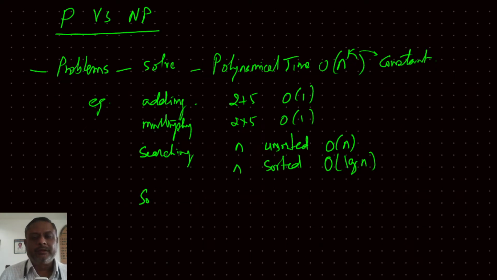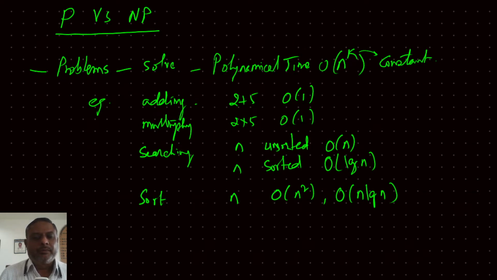To get the benefit of log n, we need to sort the array. To sort n numbers, most algorithms take order of n square, and some best possible algorithms may take n log n.